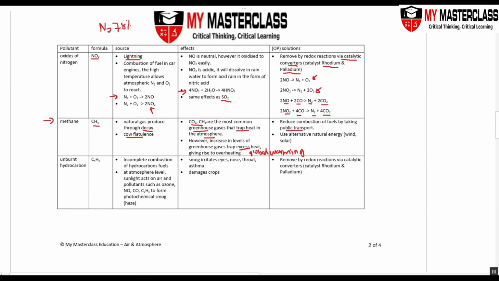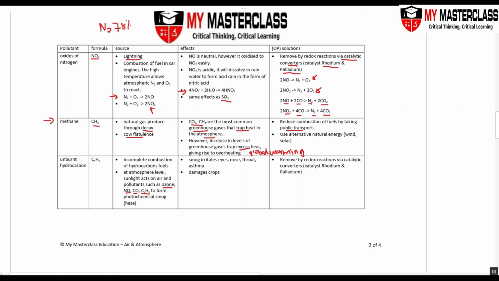Okay, unburned hydrocarbons. So again, hydrocarbons are fossil fuels that we dig out from the soil. Okay, and sometimes when we burn it, we have incomplete combustion, and incomplete combustion will produce pollutants such as ozone, NO, CO, and CxHy, so your unburned hydrocarbons.